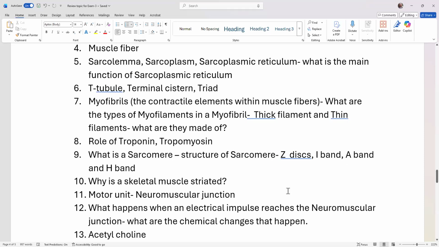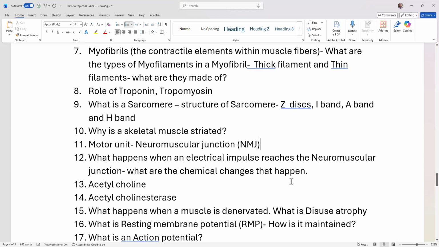You should know about a motor unit, which is a nerve connected to the muscle. This is what we call a neuromuscular junction, or NMJ. What happens when an electrical impulse reaches a neuromuscular junction? What are the chemical changes that happen in the axon terminal?